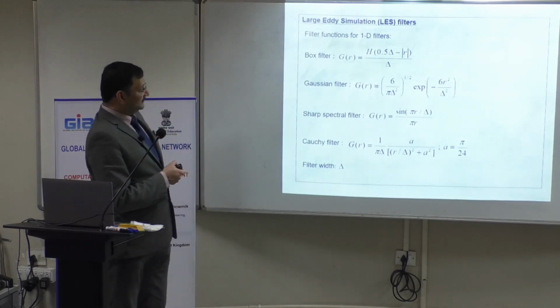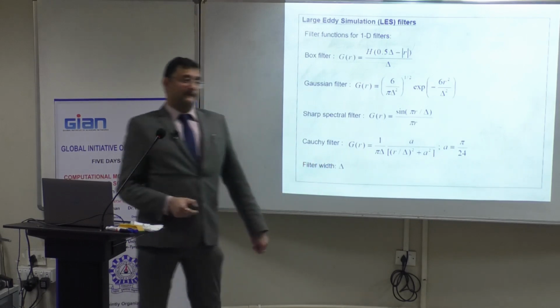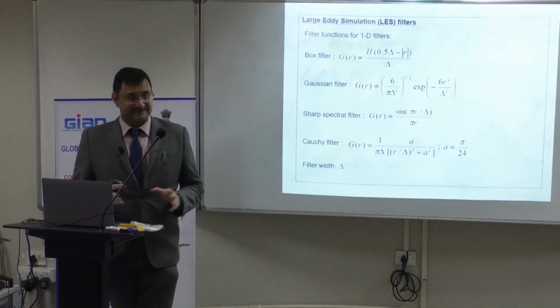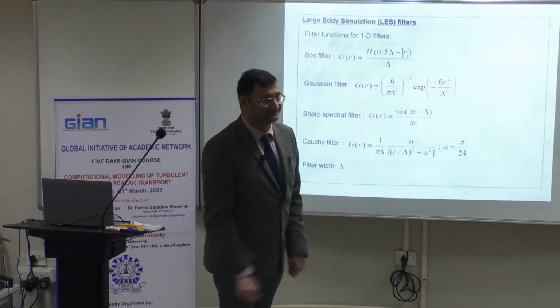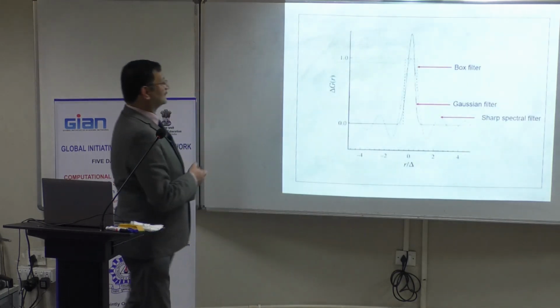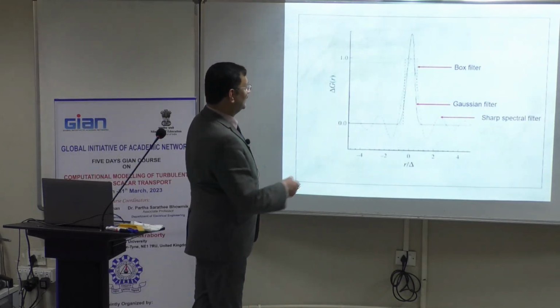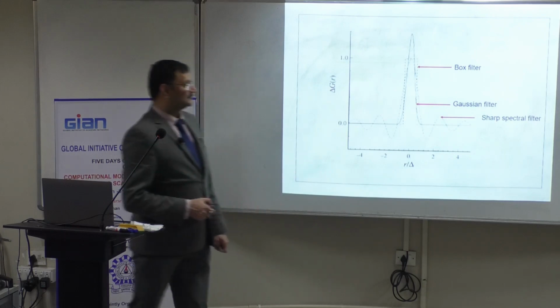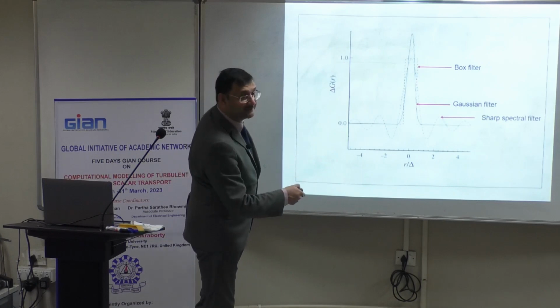The only filter out of these where differentiation and filtering commute is the Gaussian filter. Okay? These are essentially how they behave. Box filter is basically a step function.